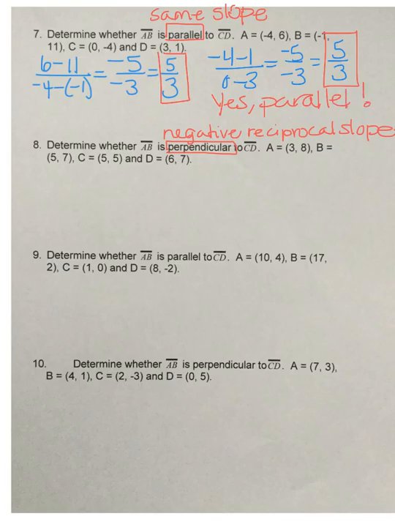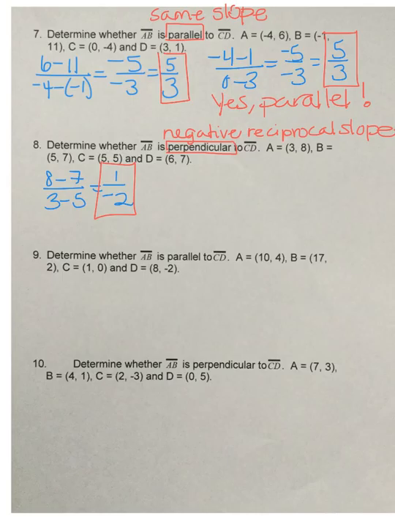For number 8, we're going to determine whether AB is perpendicular to CD. So change of y, 8 minus 7, over the change of x, 3 minus 5, is negative 1/2. And we're hoping for a negative reciprocal slope.